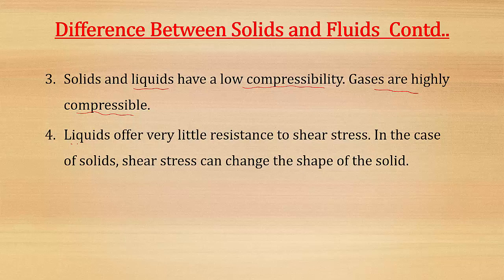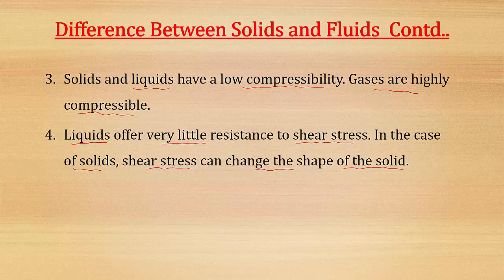Fourth point, the liquids offer very little resistance to shear stress. In case of solids, shear stress can change the shape of the solid. We already studied about the shearing stress in the chapter mechanical properties of solids, that you can remember. It is restoring force per unit area, but it is acting tangentially to the given material.